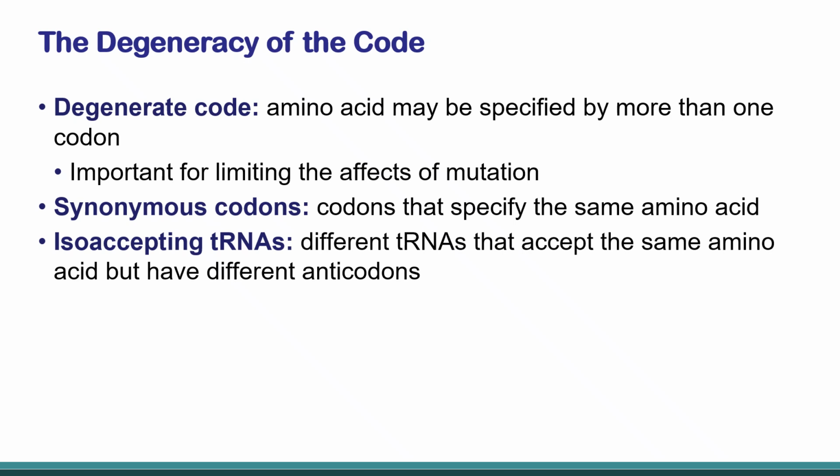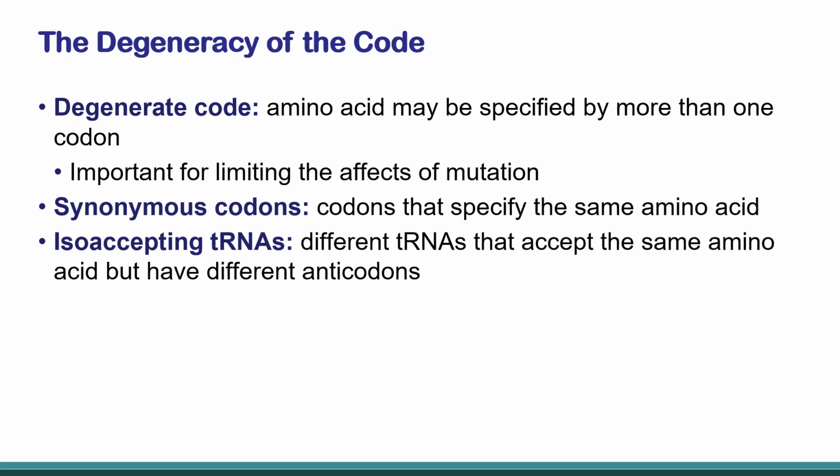Our tRNAs are transfer RNAs, and the job of the transfer RNA is to bring the appropriate amino acid to the messenger RNA at the ribosome. Because of the degeneracy in our code, our tRNAs are essentially degenerate too.